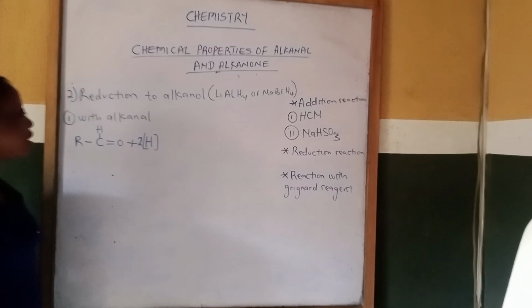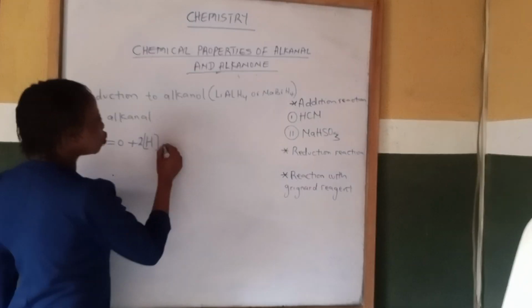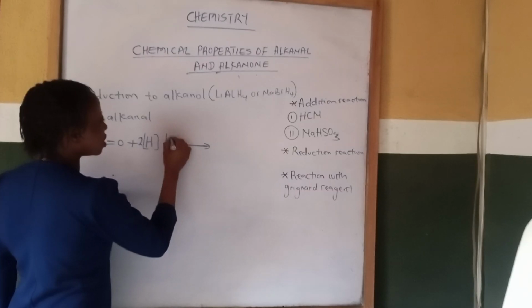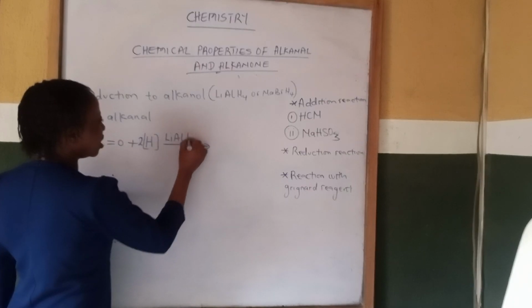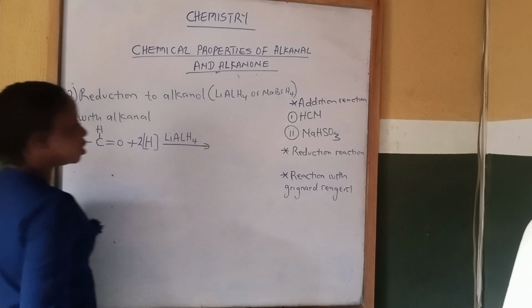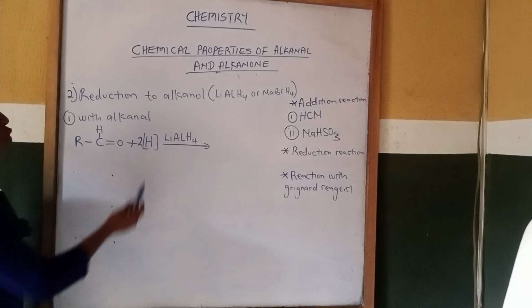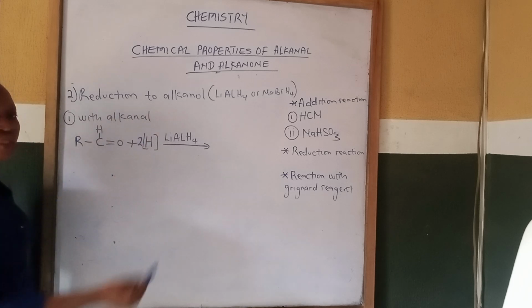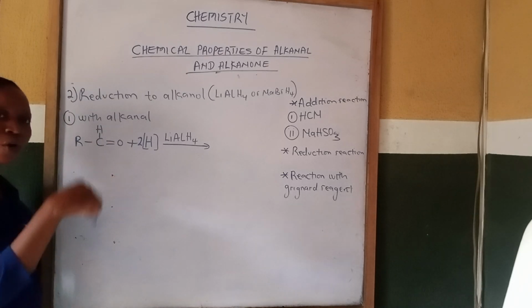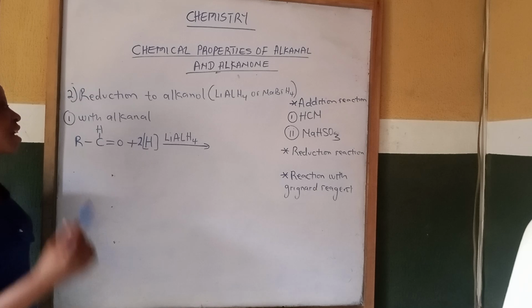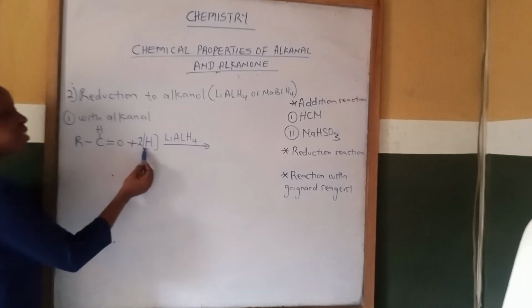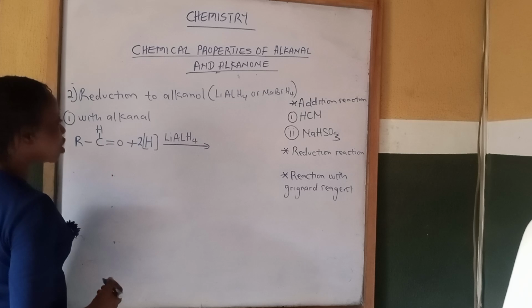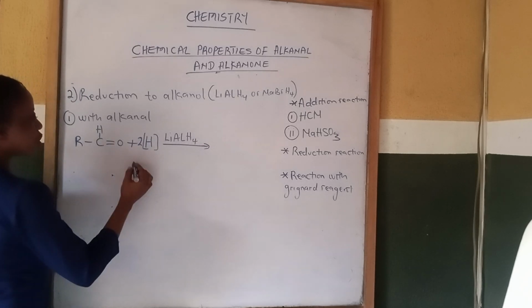It is coming from your reducing agent, which is lithium aluminium tetrahydride. Then what is reduction? Reduction is addition of hydrogen. So that's why we are adding this hydrogen from our reducing agents. So let's see the product formed.